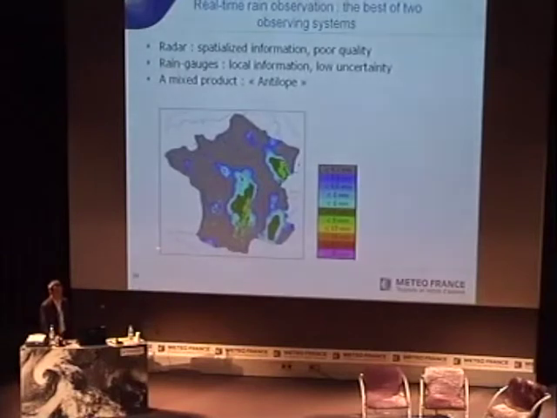This example is real-time rain observation information. We use two systems, the first one is a network of radar. We have over 20 radars in France that give some information about rain.